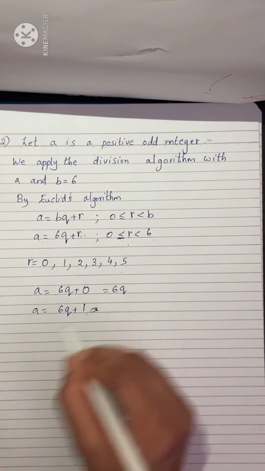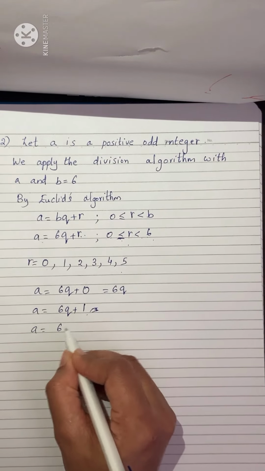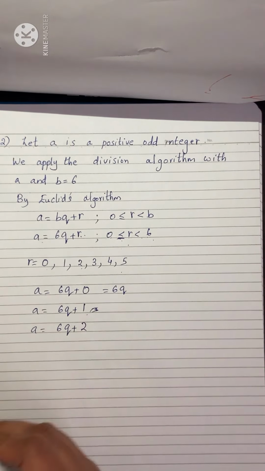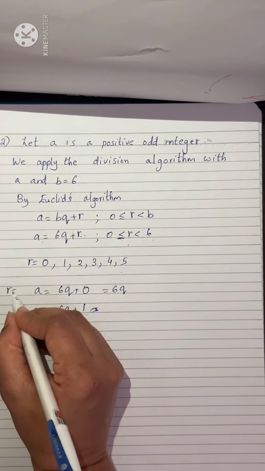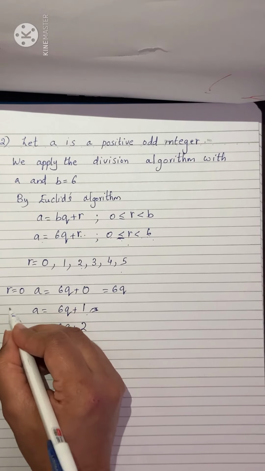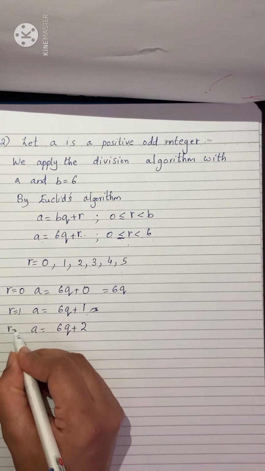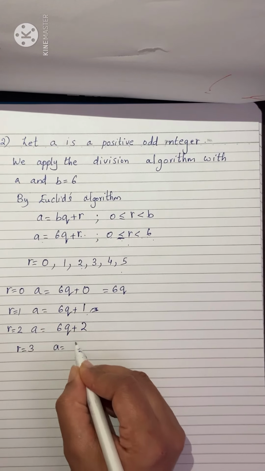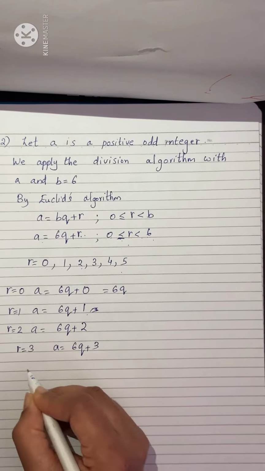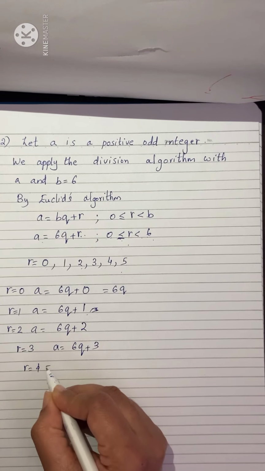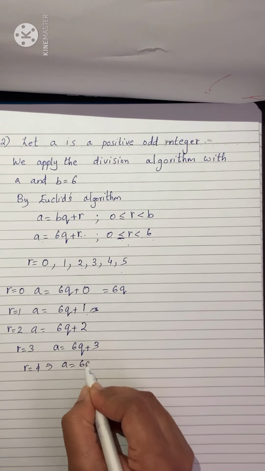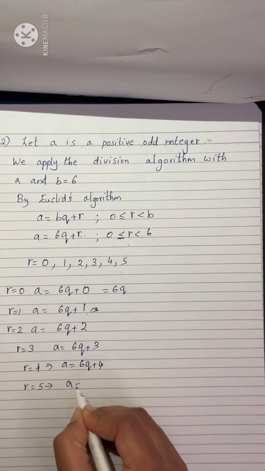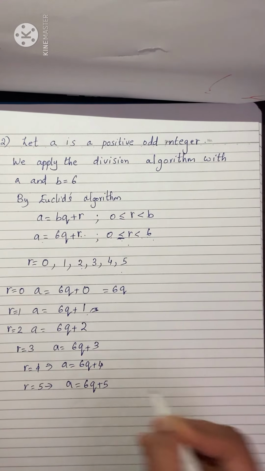When r equals 2, a equals 6q plus 2. When r equals 3, a equals 6q plus 3. When r equals 4, a equals 6q plus 4. When r equals 5, a equals 6q plus 5.